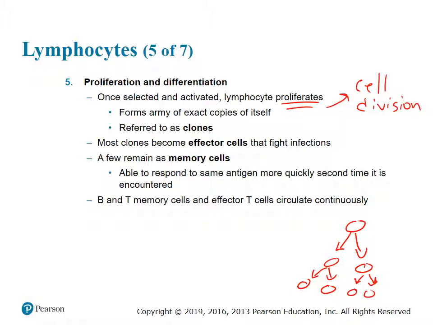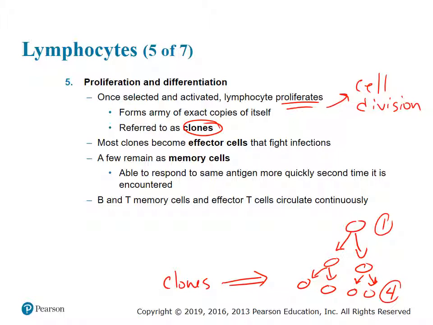Originally we had 1 cell, and now we have 4 of the same type of cell. These exact copies of themselves we call clones. In clonal selection, those activated cells turn into clones.